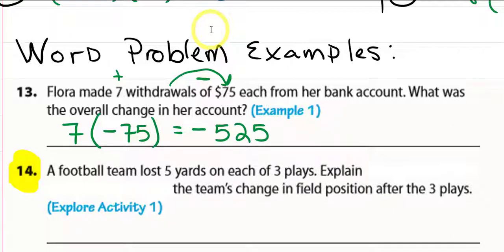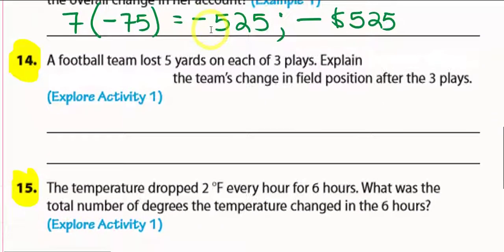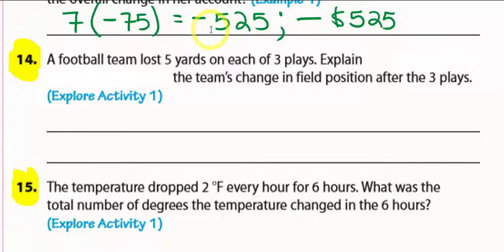So the overall change in the bank account was that it went down. It was a negative $525. Okay. Take a look at numbers 14 and number 15. Pause it, try them on your own, and we will go over both of these in class.